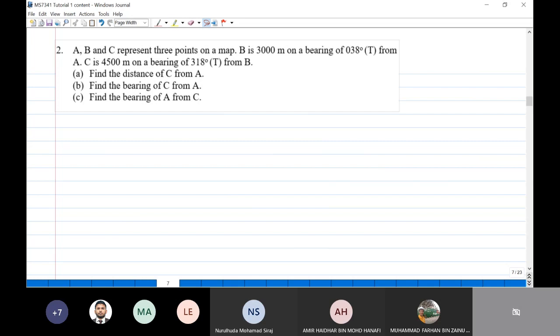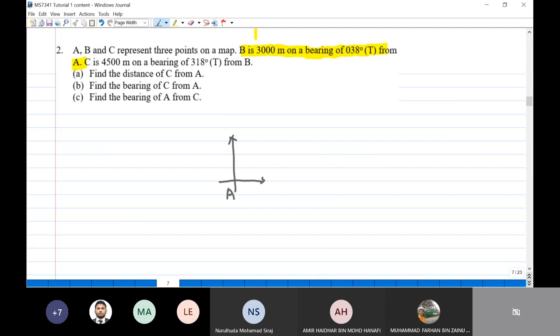The first information is that B is 3000 meters on a bearing of 038 from A. So somewhere you have A here. Let me just draw the picture. Let's say A is here. Draw nicely.